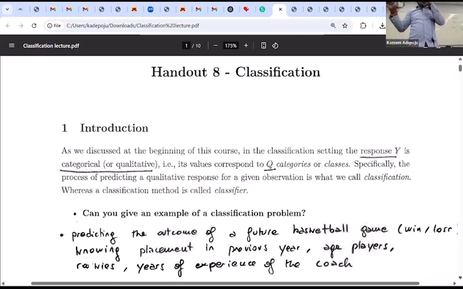The response variable here is qualitative, not quantitative. So if I have information about the predictors, can I classify that particular observation into an appropriate class?